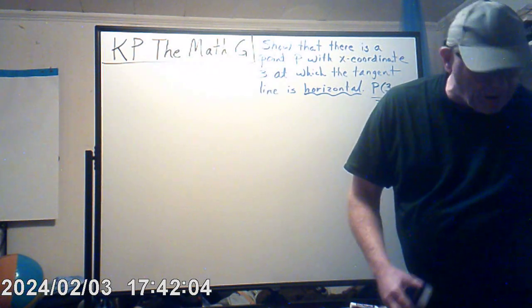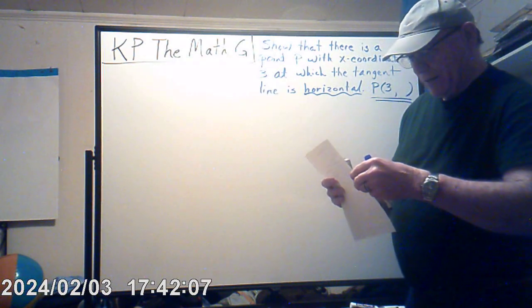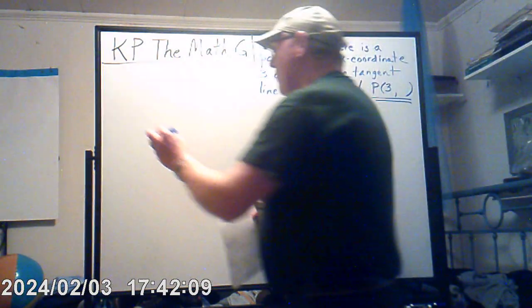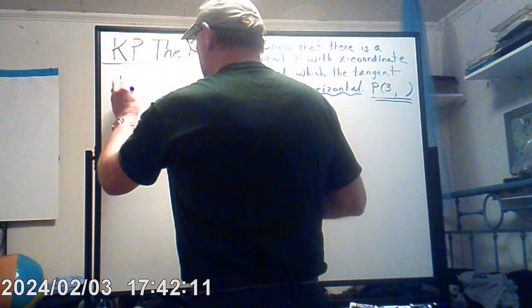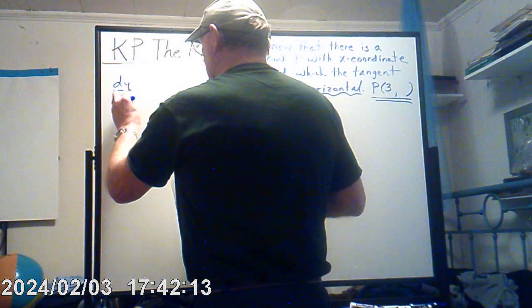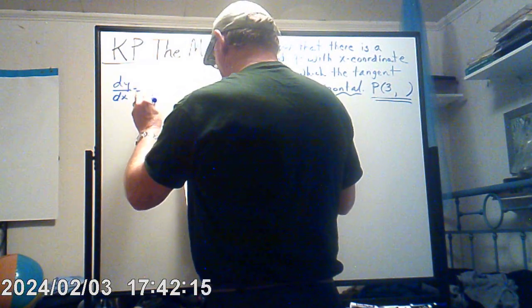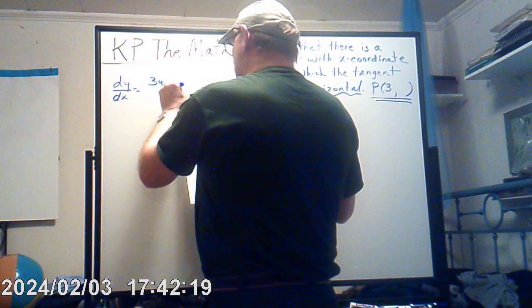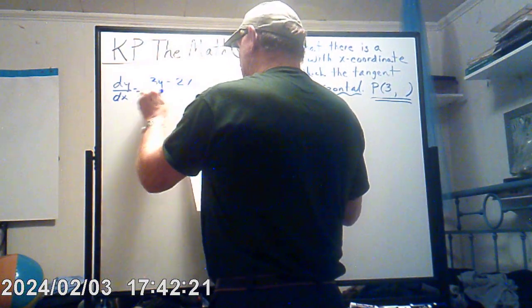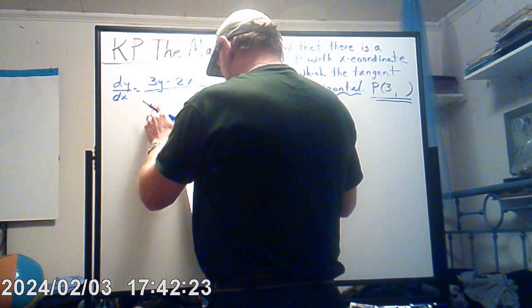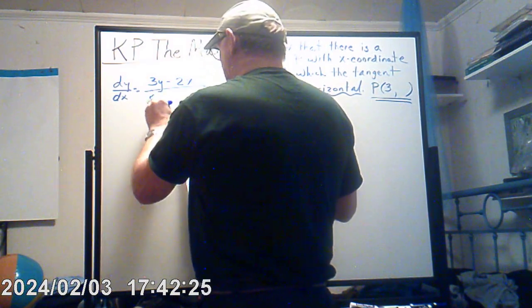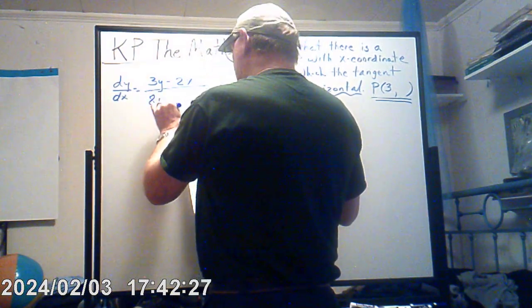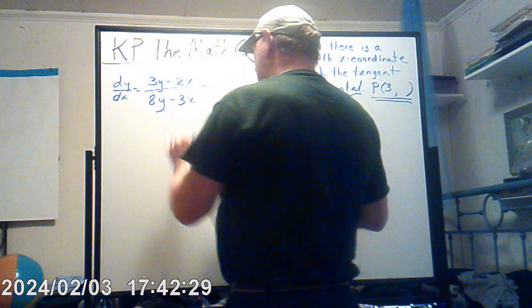Okay, so what we just did a while ago is we found the derivative, and I've already got it written down. We found that dy over dx is equal to 3y minus 2x over 8y minus 3x, like that.